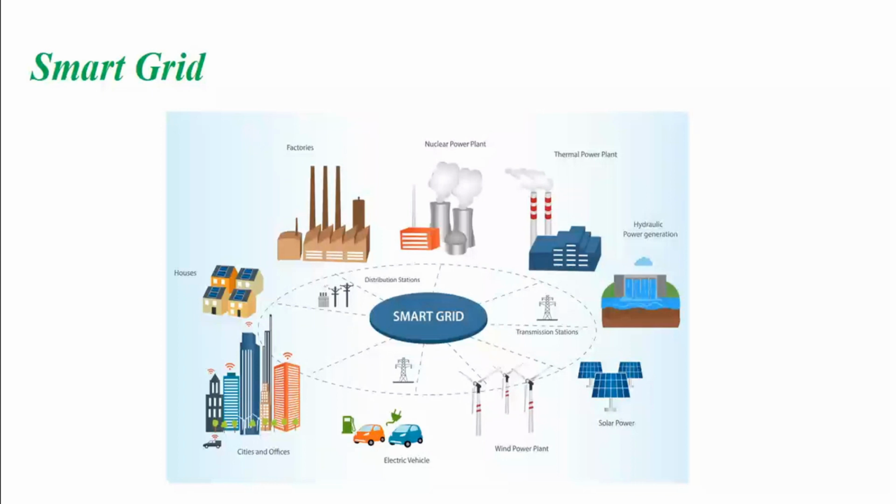We can track the generation of any plant, whether it is a conventional plant or a renewable energy based plant, and we can also track the load and accordingly manage the grid, the voltage level, and the frequency. So it plays a role in monitoring and managing energy through the connection and transformation of the network.